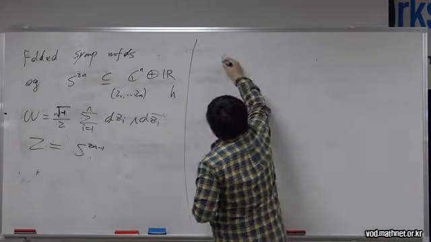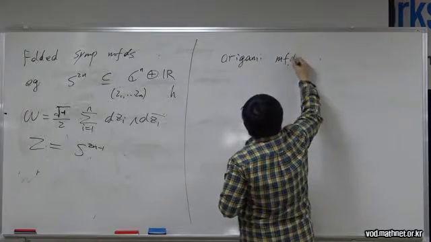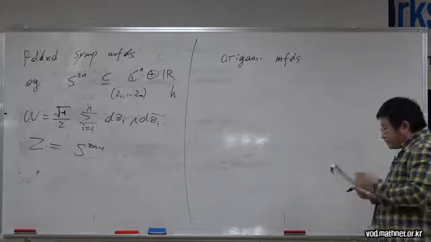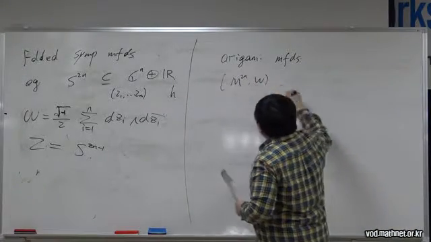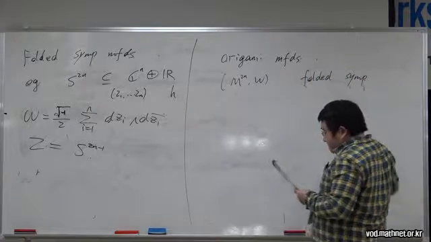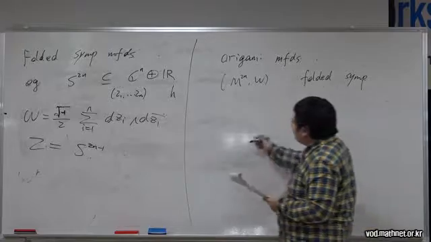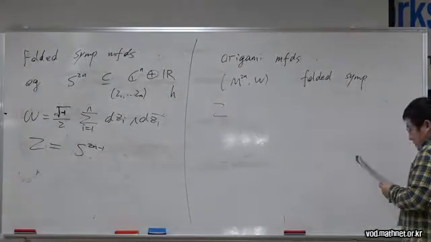Now we can come to the definition of origami manifolds. First, we require this is a folded symplectic manifold. So we have Z, the folding hypersurface.